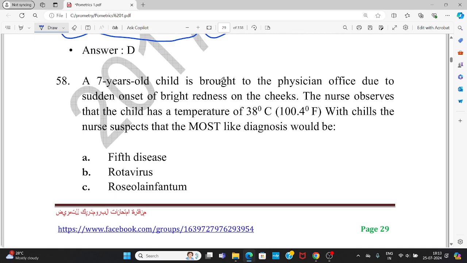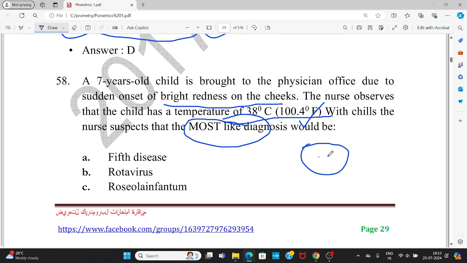A 7-year-old child is brought to the physician's office due to sudden onset of bright redness on cheeks. The nurse observes that the child has a temperature of 38 degrees Celsius, 100 degrees Fahrenheit, with chills, and which is the most likely diagnosis. So the patient's cheeks have so much redness and there is elevated fever.